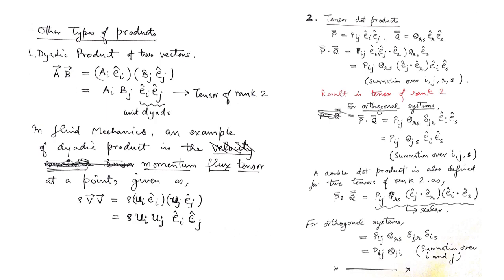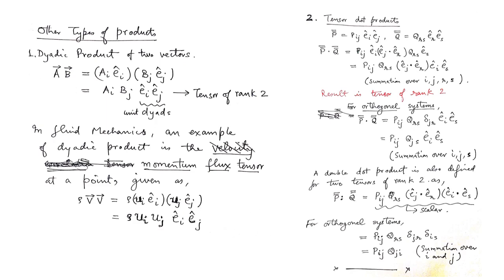Pij Qrs, and Ei Es. Remember Ei is always to be written towards the left of Es, otherwise the meaning changes. Ej dot Er is again a scalar entity, so no need to bother with that a great deal in terms of direction.